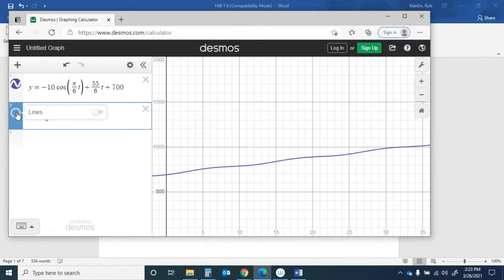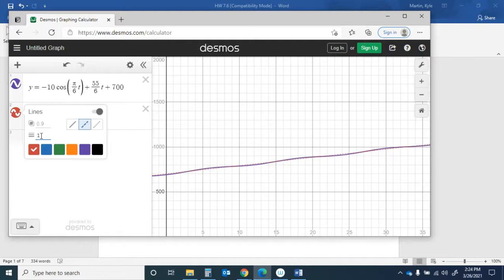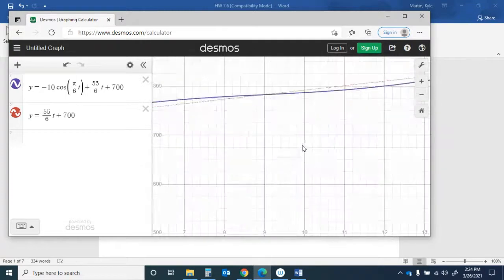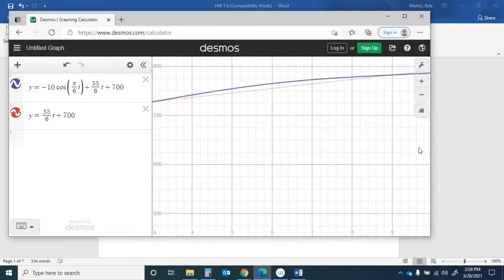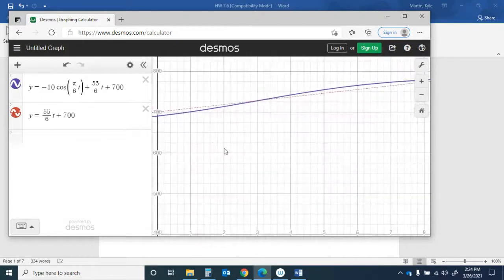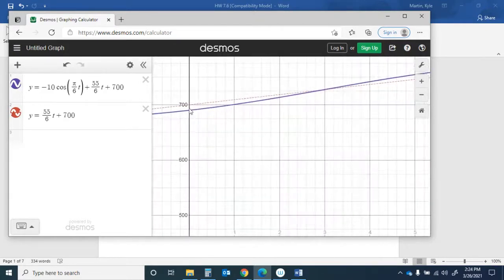Let's make him dotted, not so thick. Okay, then let's zoom in. All right, so here we are.